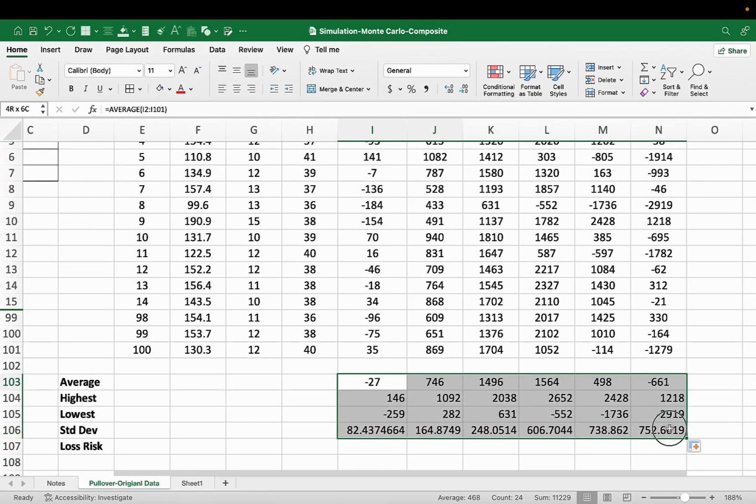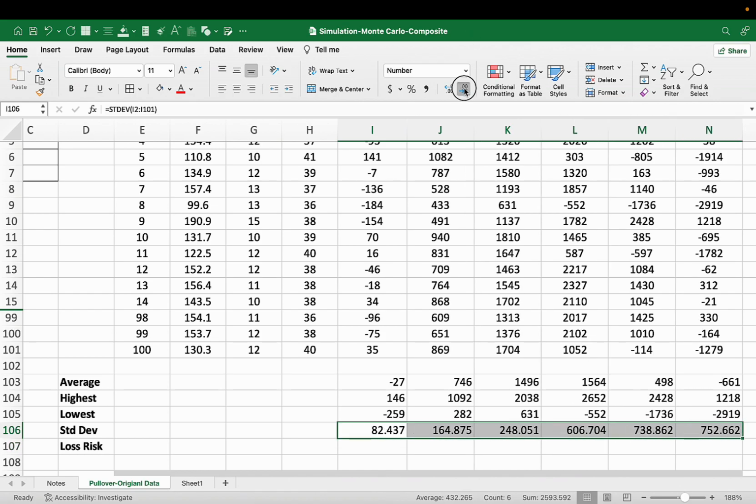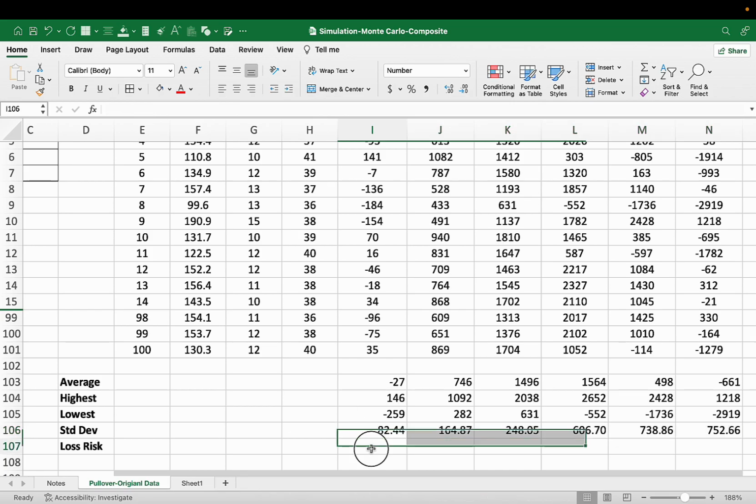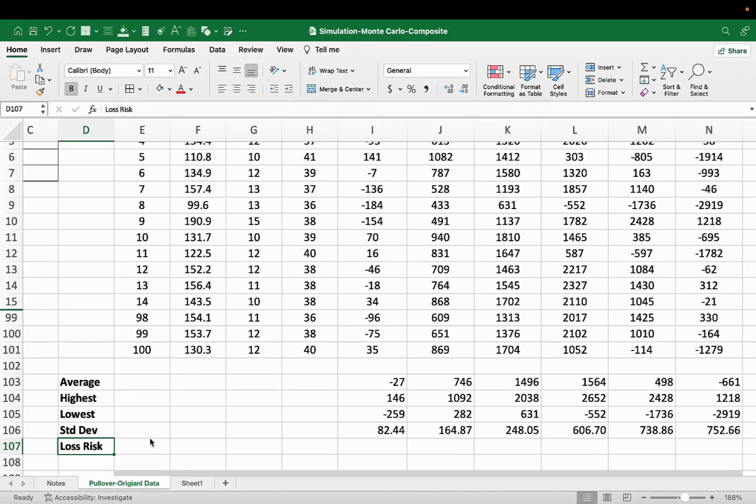Now, the last thing is about calculating risk. For risk, let me reduce this number of zeros here. Okay, for risk of loss, this is an important parameter that we need to calculate. It means, what is the risk of loss?